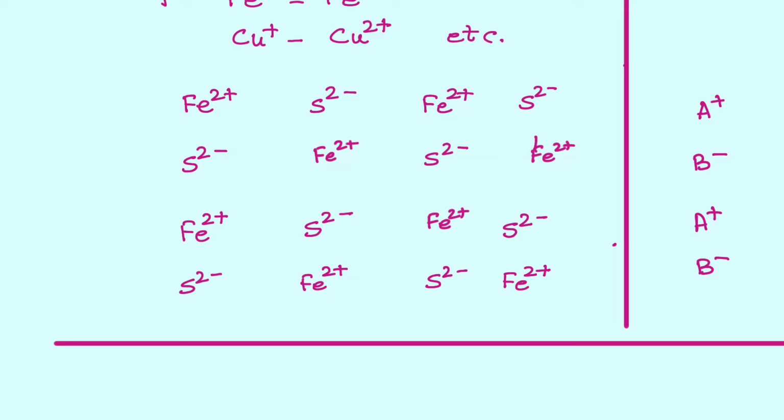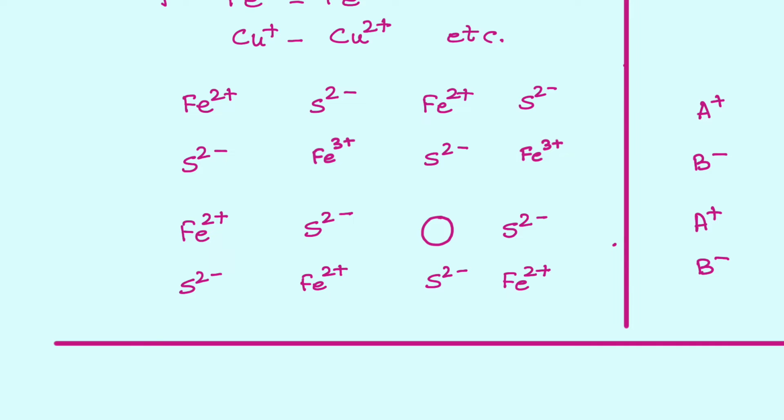Now what has happened? Out of those 3 Fe2+, 2 got converted into Fe3+, right? And what happened to the third Fe2+? It has gone missing, leaving a hole over here.